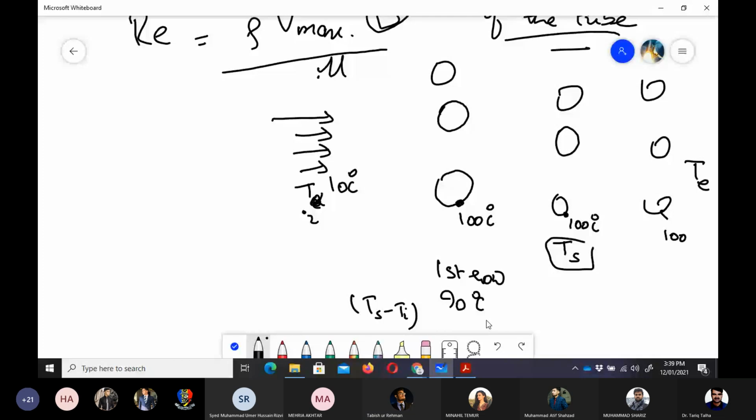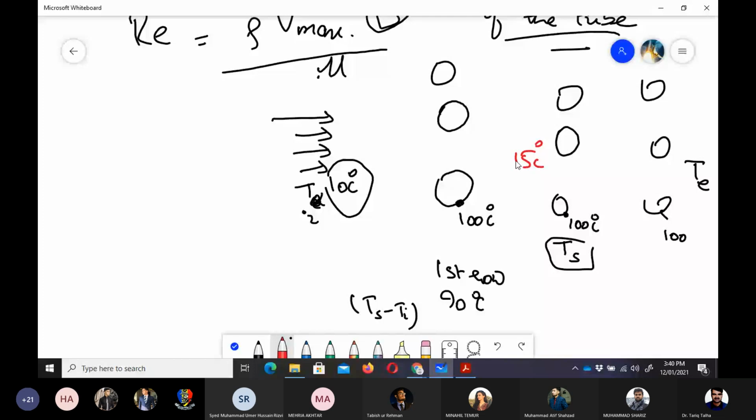Now, because there would be some heat transfer from this tube, the temperature of the air would rise a little bit. That is an assumption: when this air comes in contact with the outer surface of the first tube, because of the maximum temperature difference, which was 90, it gains some degrees.